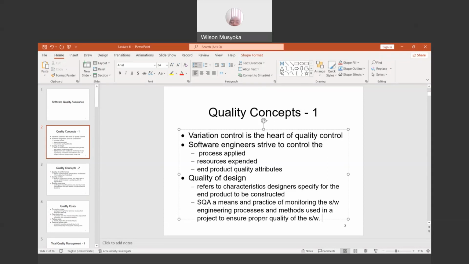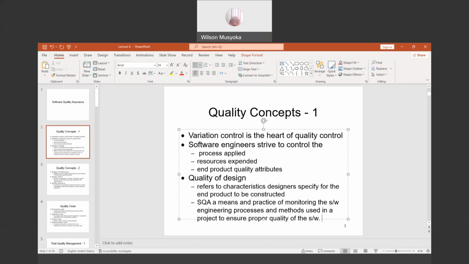And like we had defined it previously, software quality is going to vary from one point to another, or from one user to another. Some users normally talk about quality as fitness for purpose. Others, what they can be able to pay for. Others will talk about usability and such areas.